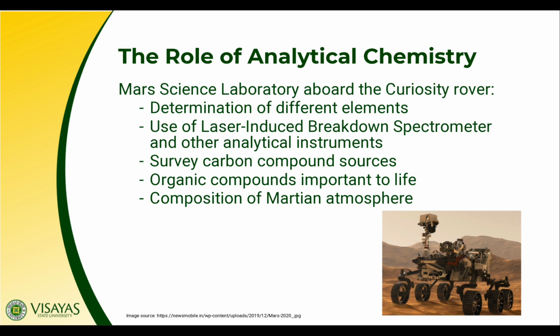And with that, it was also used to determine whether or not life could be present, or to conclude that life could or could not be present in that planet. And also, lastly, we have the determination of the composition of the Martian atmosphere.